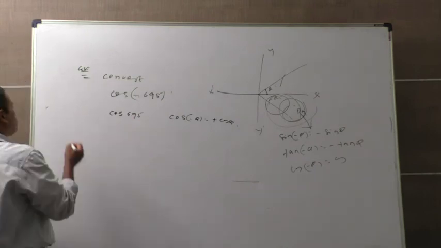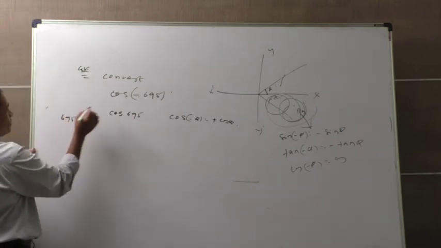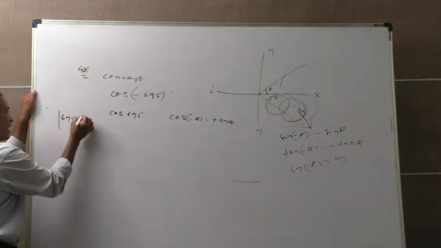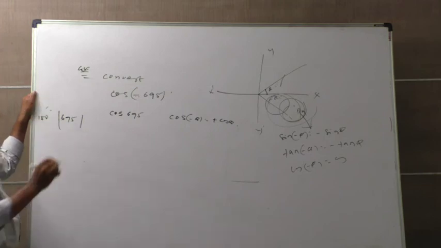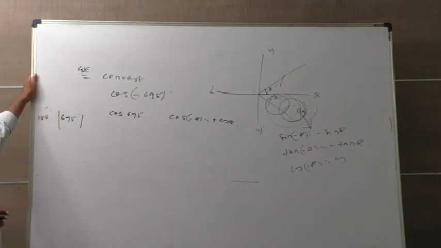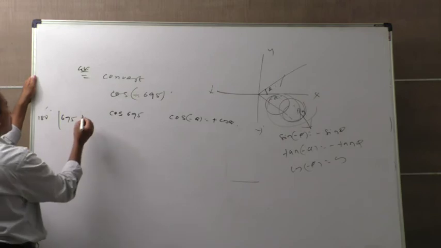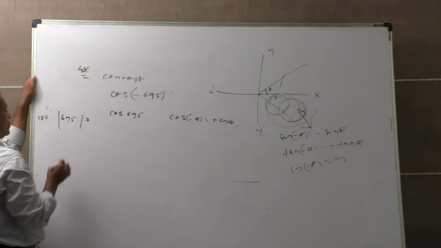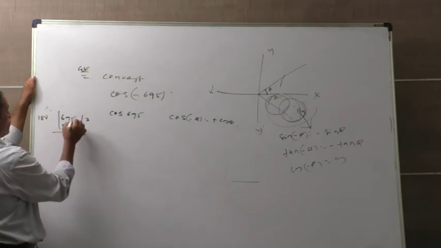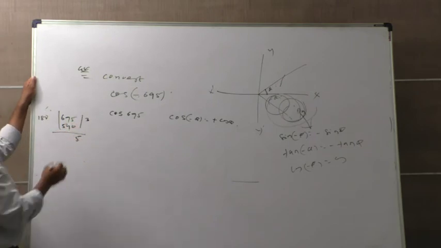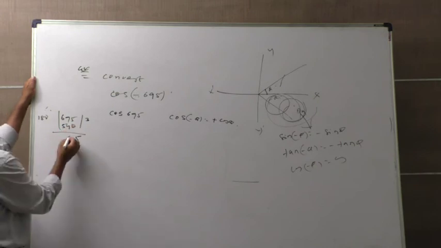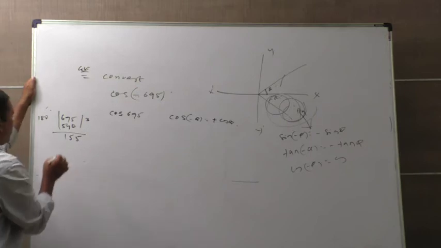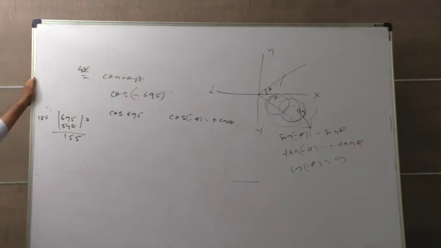If this type of large number comes, always divide the number by 180 degrees. What will it be? This is 155.